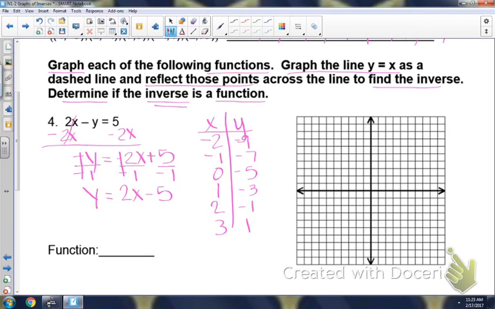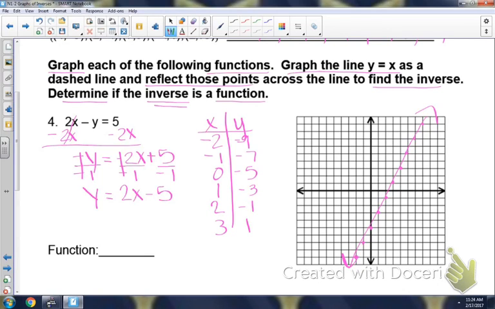So negative 2, negative 9. 0, negative 5, and then 1, negative 3, 2, negative 1, and 3, 1. You can continue that because you know your slope is going up to the right 1. So there's our relation, the original.